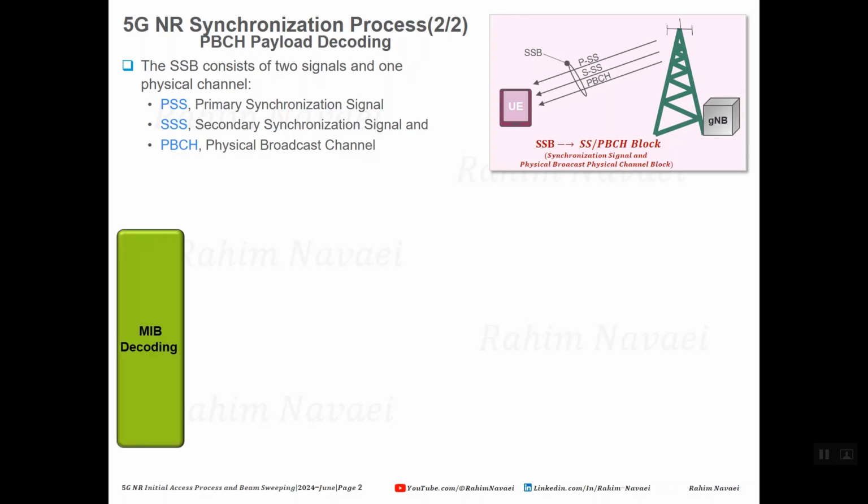Upon detection of the MIB, the UE can obtain the system frame number, which is actually 10 bits ranging from 0 to 1023, and its 6 most significant bits, MSBs, are embedded within the MIB.